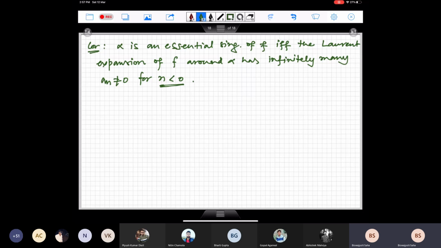Now, once we are done with this Laurent expansion, what we are going to learn next is integrating functions. Of course, we have seen integration of holomorphic functions on a path and all that. This time I will be interested in integrating functions which have some kind of singularity.